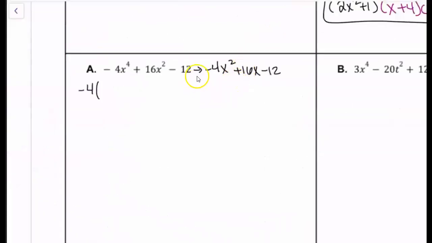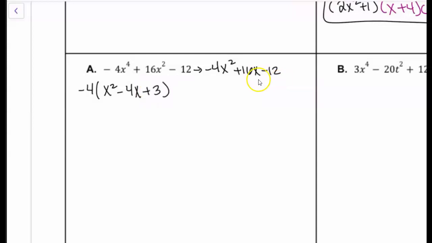And you can go either way. You can say, okay, -4 times what is -4x squared? Well, just x squared. -4 times what is positive 16x? Well, -4x. And then -4 times what is -12, and that is positive 3.